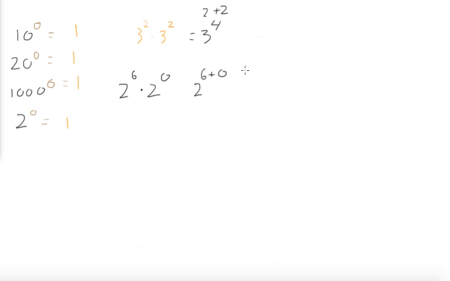Because 6 plus 0 is still going to be 6, so it's 2 to the power of 6. So 2 to the power of 6 times 2 to the power of 0 just turns into 2 to the power of 6. All right, so basically what it's saying is it's 1, because 2 to the power of 6 times 1 is still going to be 2 to the power of 6. Does that make sense? Anyway, that's the best way to explain it. That's why any number to the power of 0 is going to equal 1, okay?